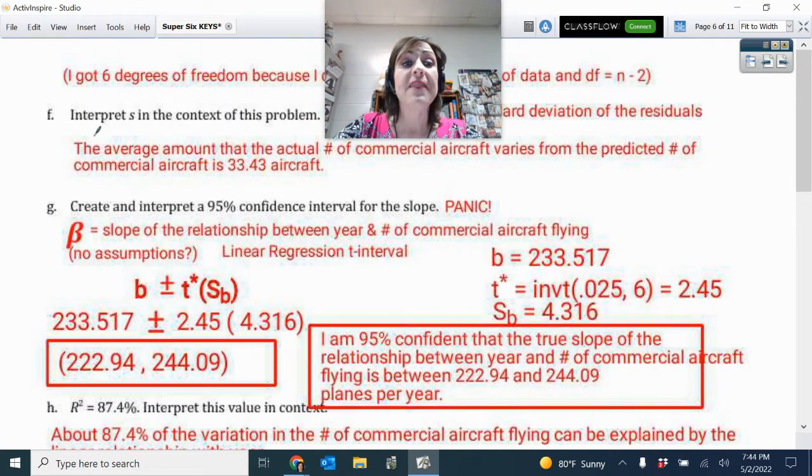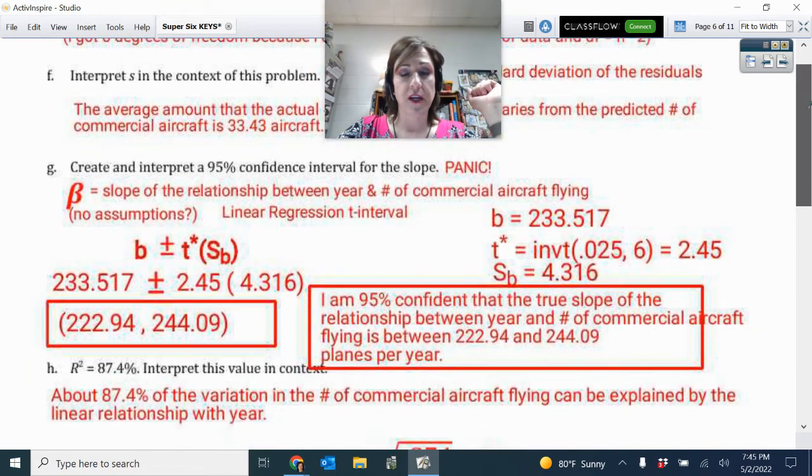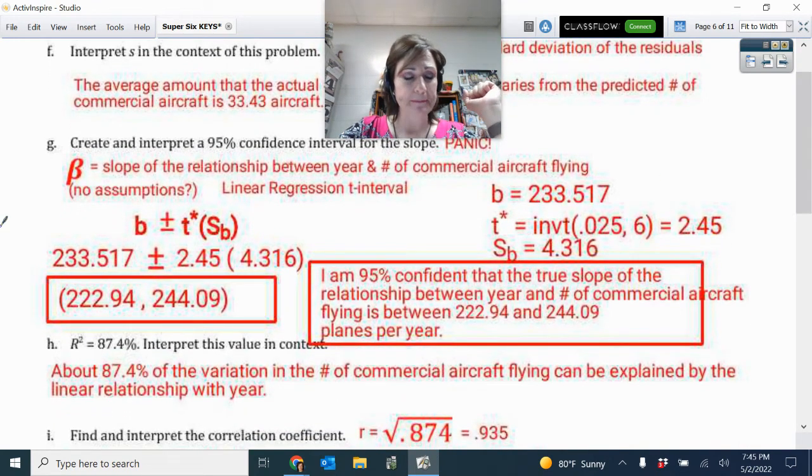So the average amount that the actual number of commercial aircraft varies from the predicted number of aircraft was 33.43. That's the average amount that the actual y value varies from the predicted y.